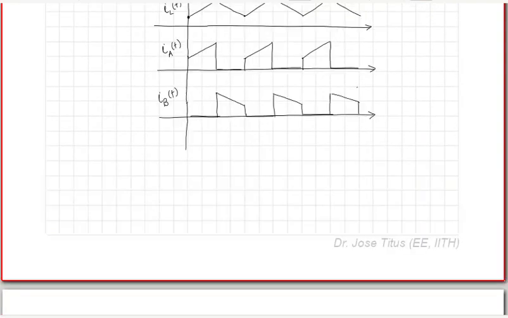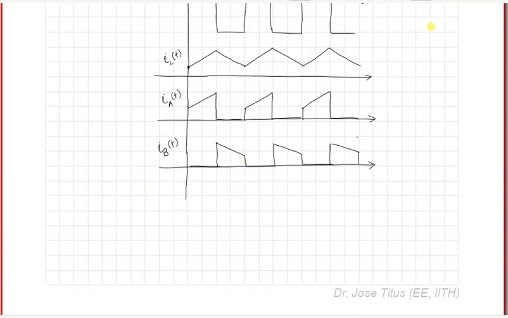Therefore the average value of current through switch B, which I can represent by some value over here, is going to be equal to I0, right?